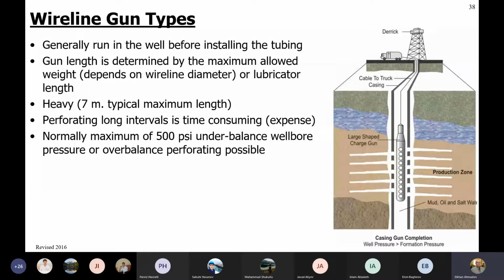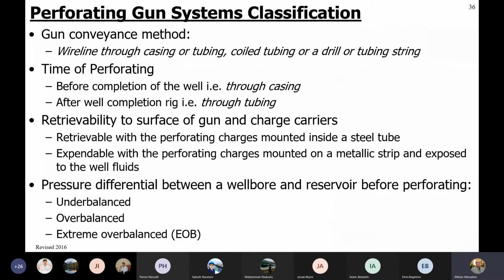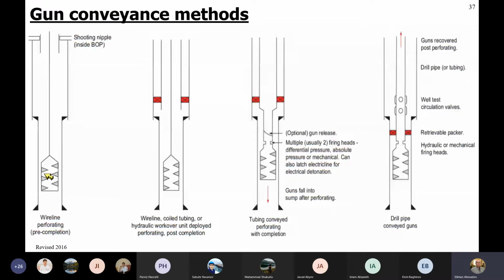So then we talked about the classifications. We talked about gun conveyance, the wireline conveyance through casing, through tubing, then tubing conveyed perforations when we do this with the completion installed already into the wellbore, and tubing or coil tubing or Drillstem testing or completion perforation, when we perforate it, test it, produce for a short time, and then kill the well, pull out the Drillstem string or the coil tubing string, and then continue to complete the completion with the tubing string, normal design tubing string for this well.